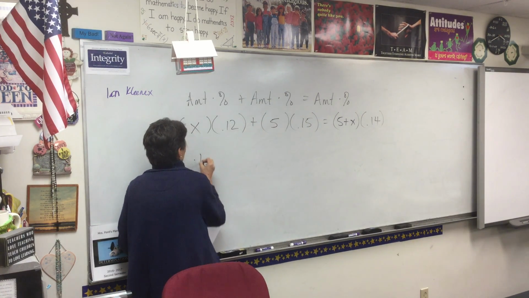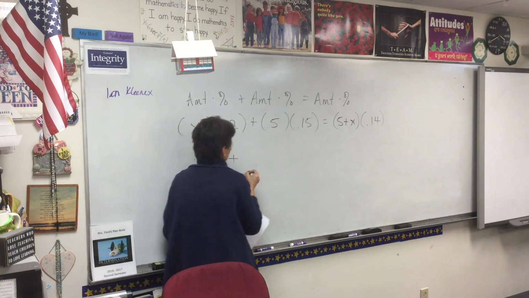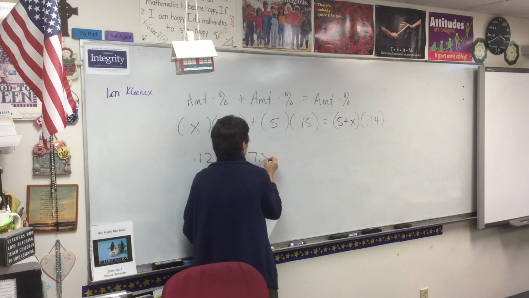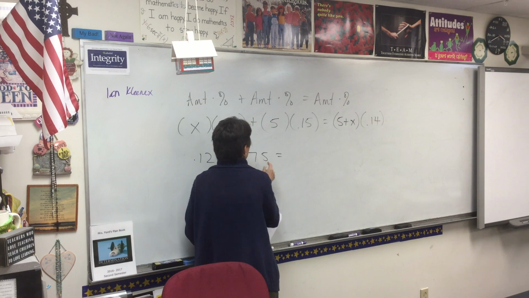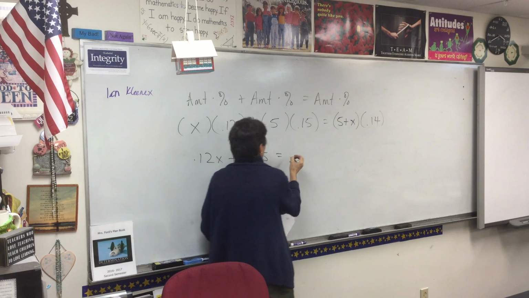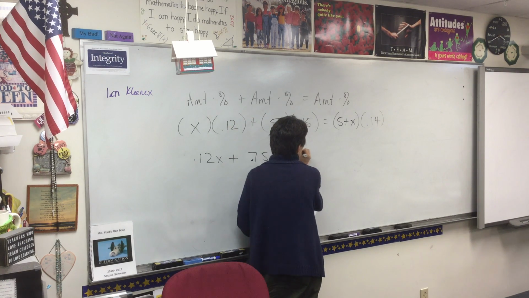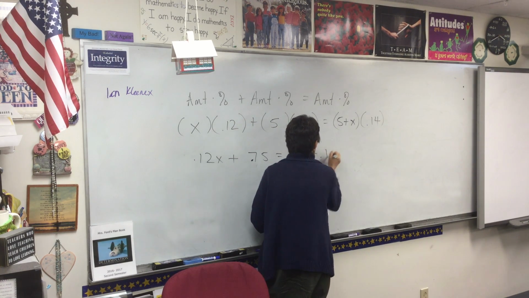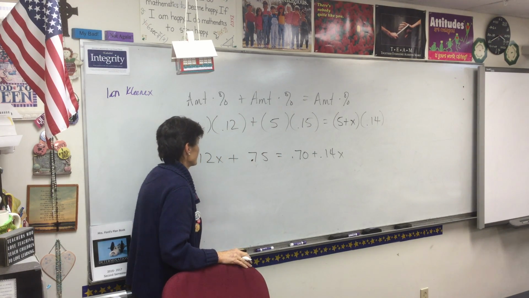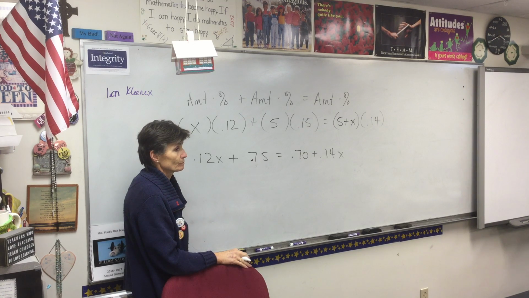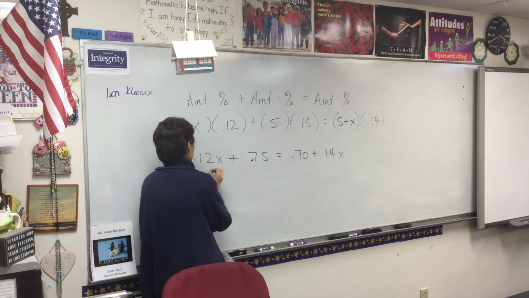So now we'll multiply. So 0.12x plus 0.75, sorry. Equals 0.70 plus 0.14x. Gosh, I hope I multiplied right. So I'm going to subtract this over.